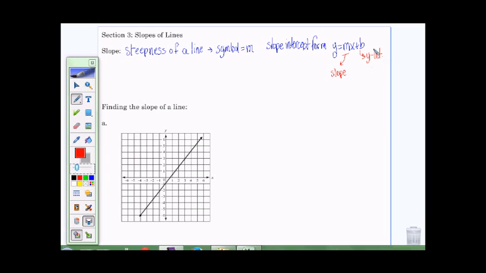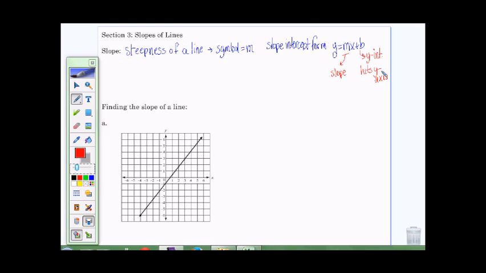That's where it hits the y-axis. So b happens where you hit the y-axis, and slope tells you how steep the line is.